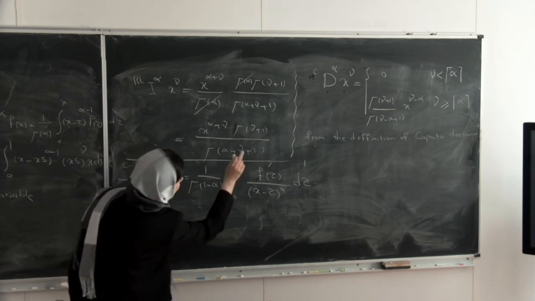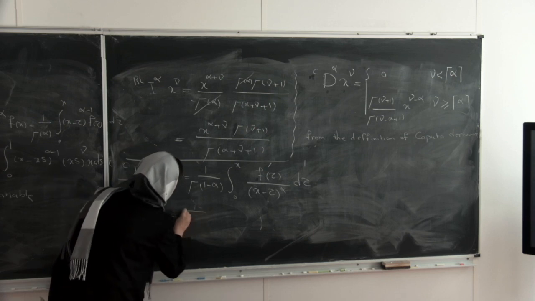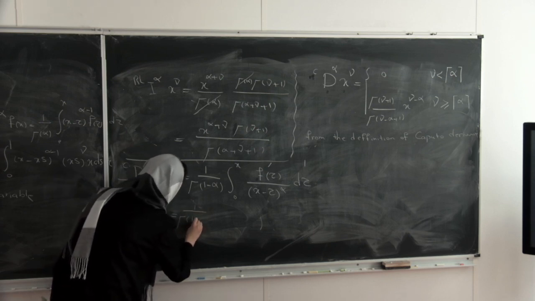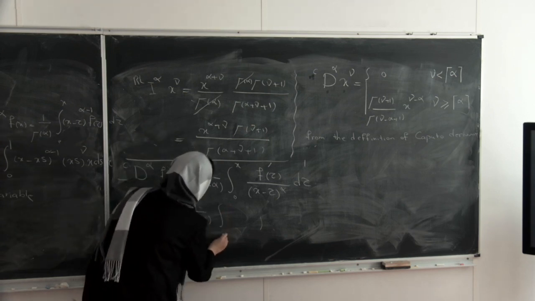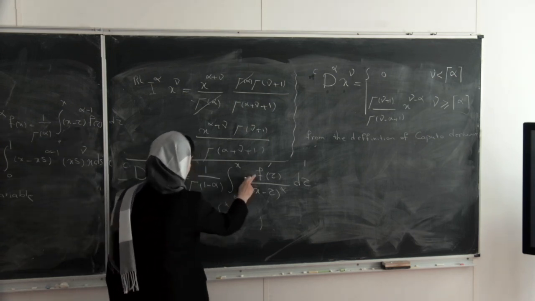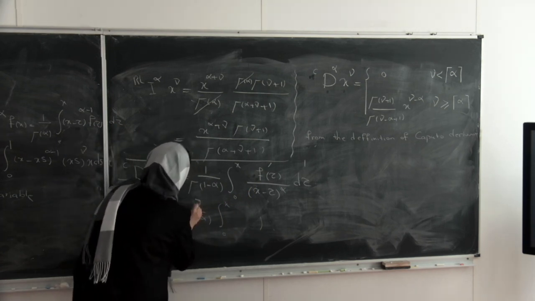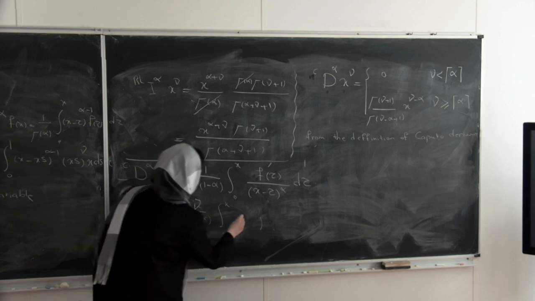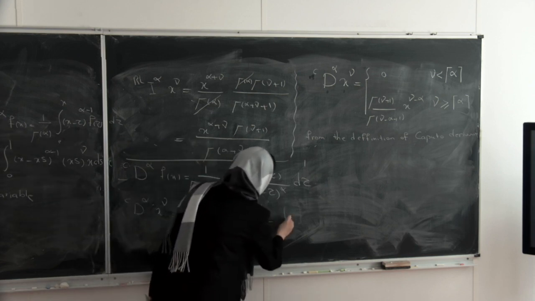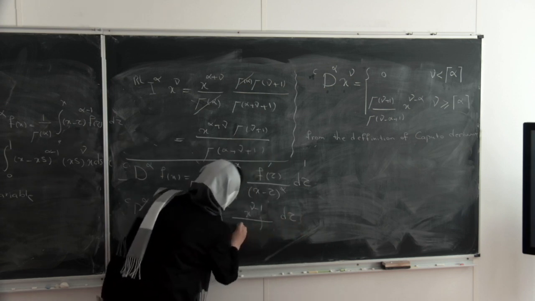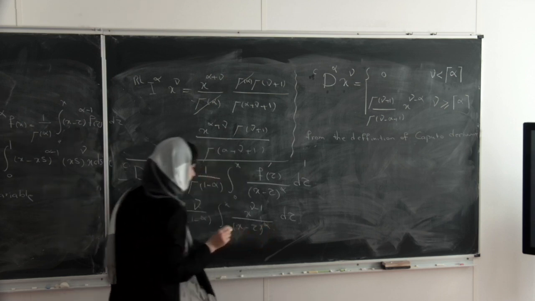Here f of x is x to the nu, so f equals 1 divided by gamma of 1 minus alpha, integral from 0 to x. The derivative of f is nu x to the nu minus 1, d tau, x minus tau to the alpha.